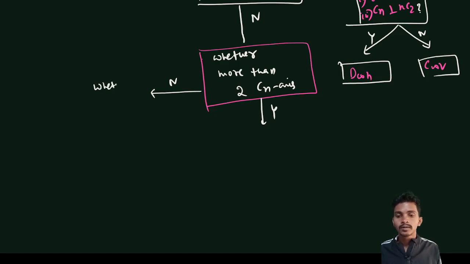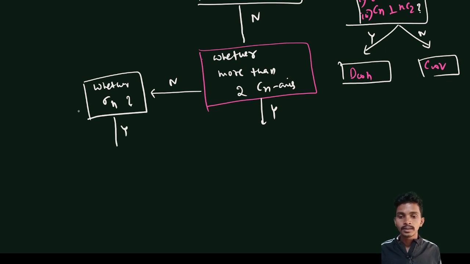If no, then I will ask whether sigma h is present or not. If sigma h is yes, then that is CnH.